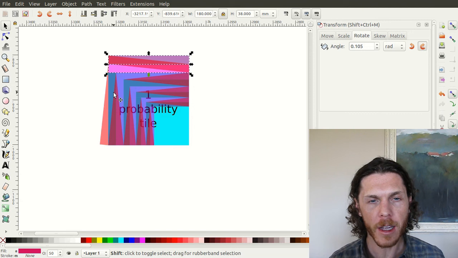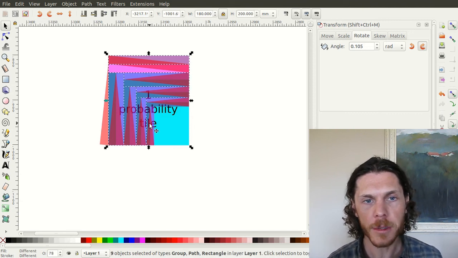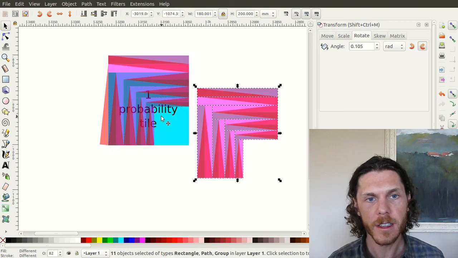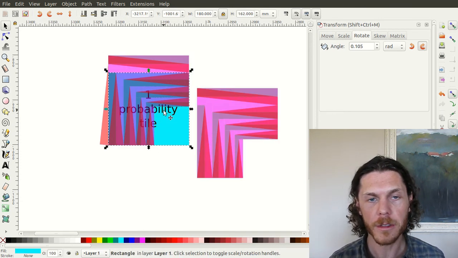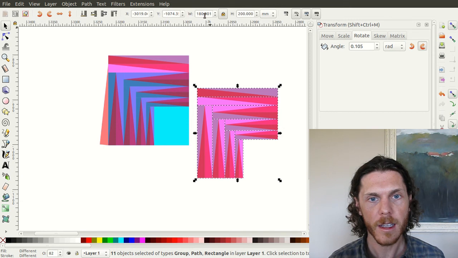Namely, that even though we counted up to 7 exponents, this 100% probability tile contains infinite iterations if we wanted to. So by taking now another 8 tiles, 7 tiles, there we go, 7.